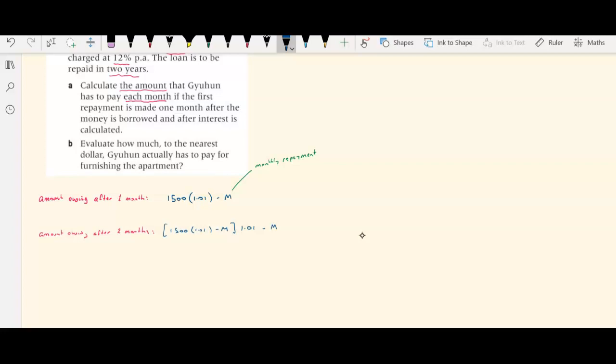So that needs simplifying, which I'll do over here. That's 1,500 by 1.01 squared minus M times 1.01, distributing that 1.01 out, and then there's a minus M on the end, so I'm just going to put a plus 1 there, because that accounts for the minus M. Hopefully you can see how that plays out.